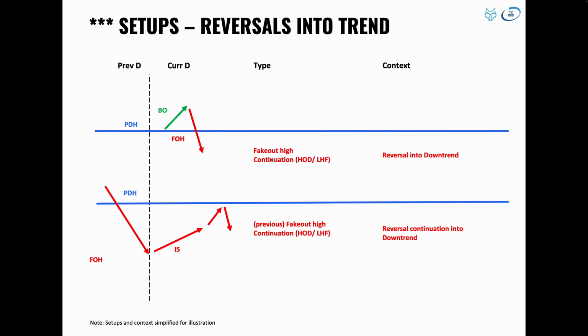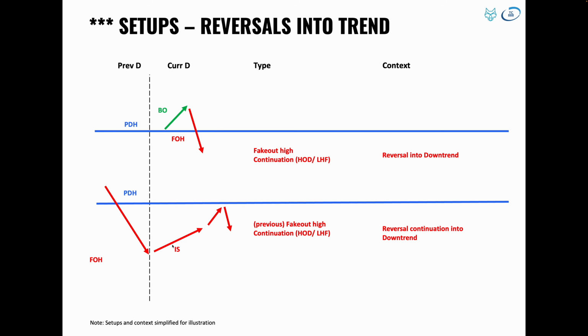And then the potential setup to be taken is a fake out high continuation at the high of the day or low hanging fruit. This is what Trend Predator should show you for this setup. The second setup, the reversal continuation, means the previous day faked out the high and currently trades inside, but is bearish because the fake out high is bearish and the higher time frames are bearish, and this is one of the situations where I also take trades from the inside.